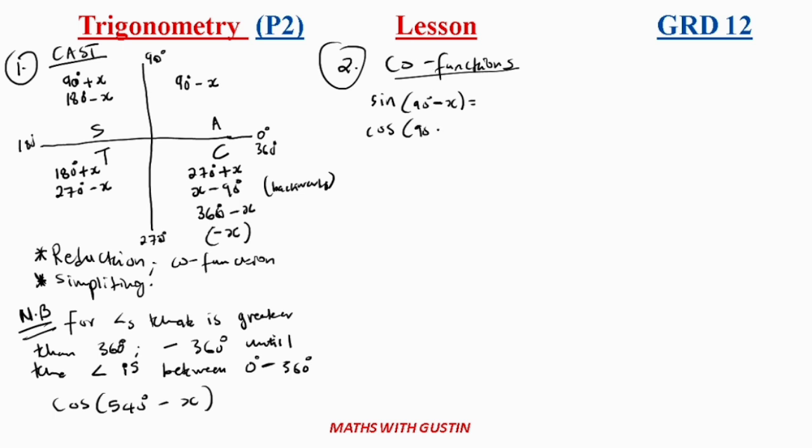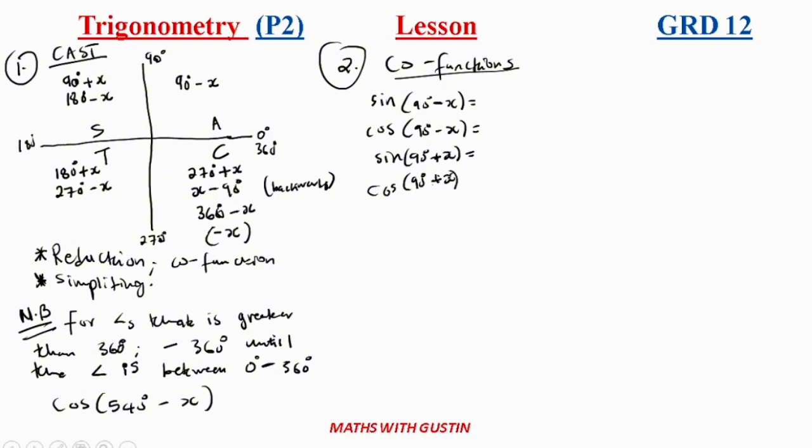There's so many of them. Some of them will be 180 minus, 180 plus. So you also need to know sine 90 plus x, and therefore cos 90 plus x.